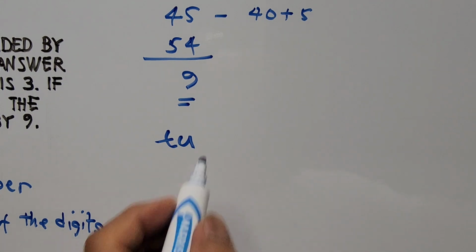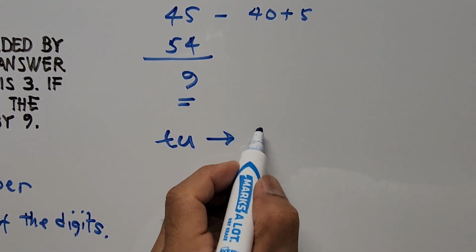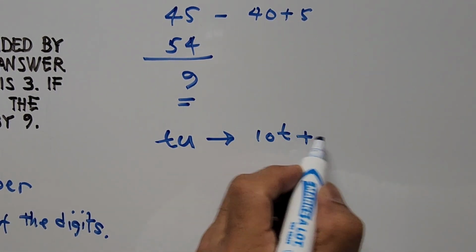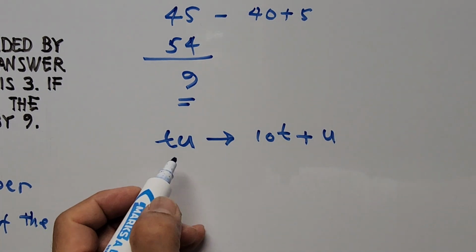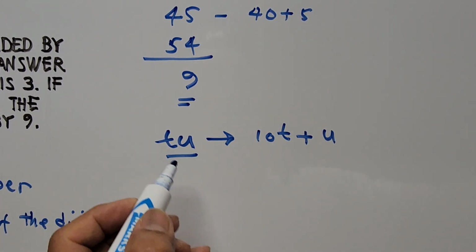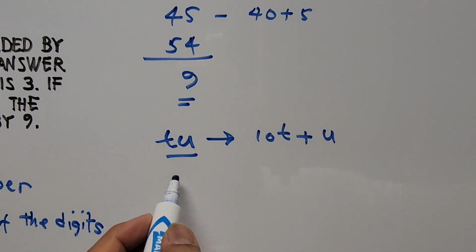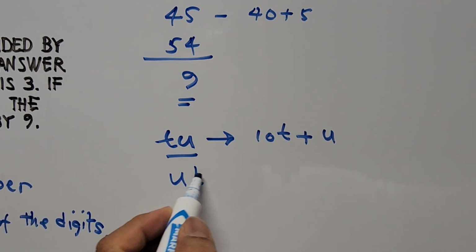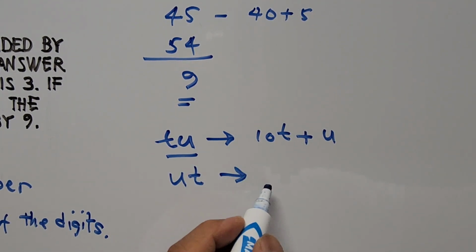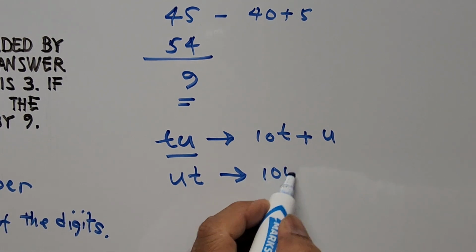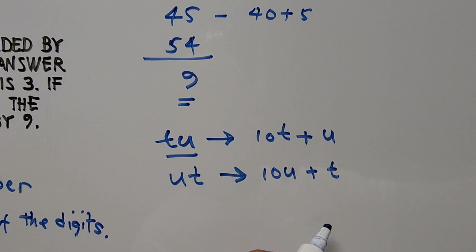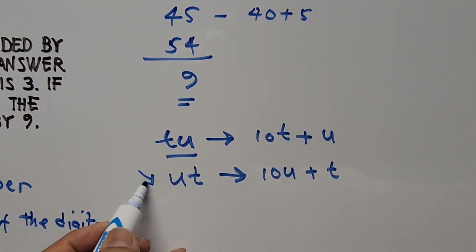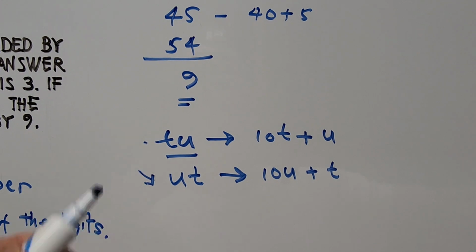TU. So in expanded form, this is 10T plus 1U, or just U, right? If these digits were reversed, this will be U and T, and this becomes 10U plus 1T, or simply T.